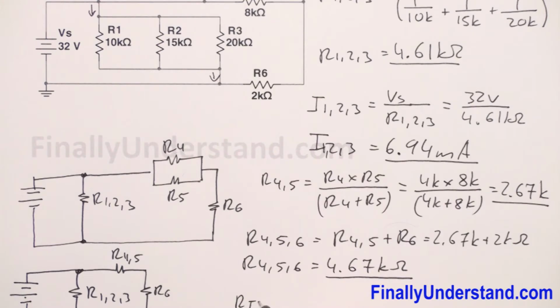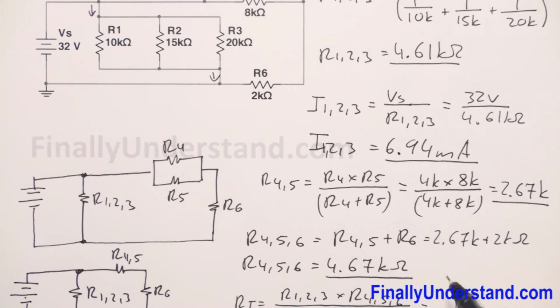So we have R total is equal to R1,2,3 times R4,5,6 over R1,2,3 plus R4,5,6.